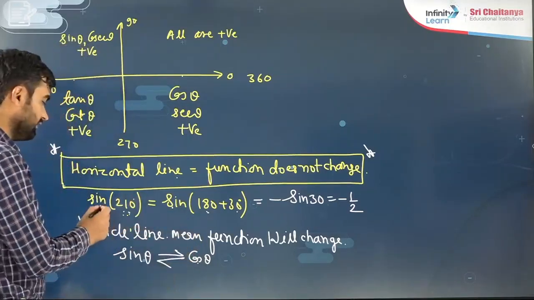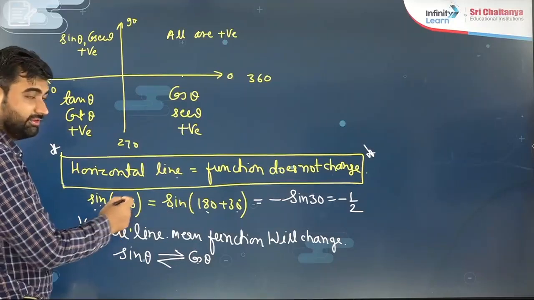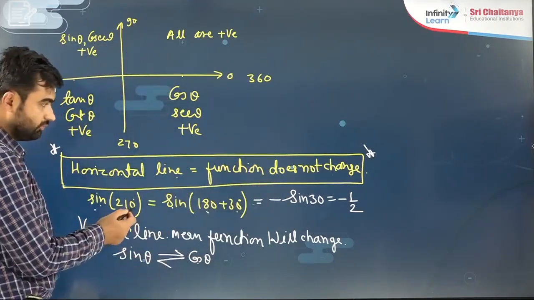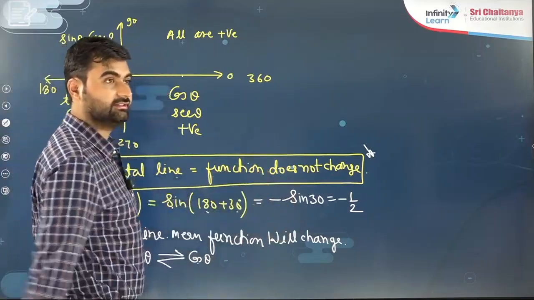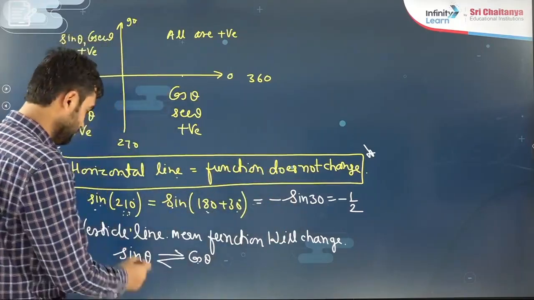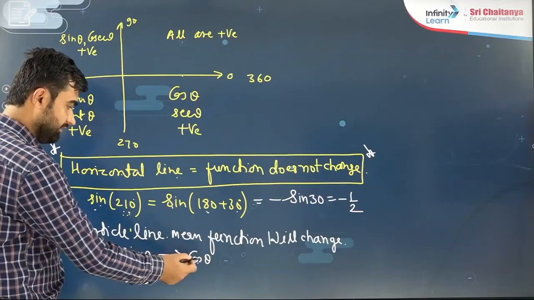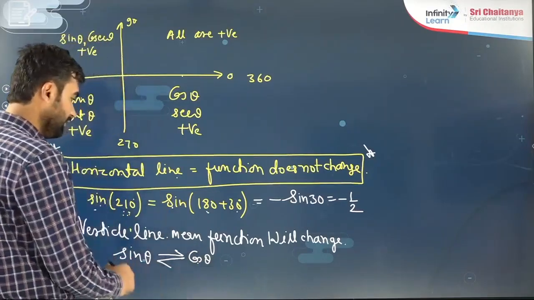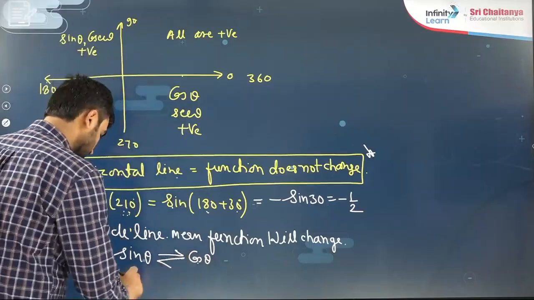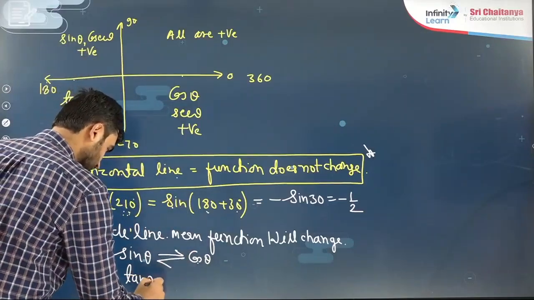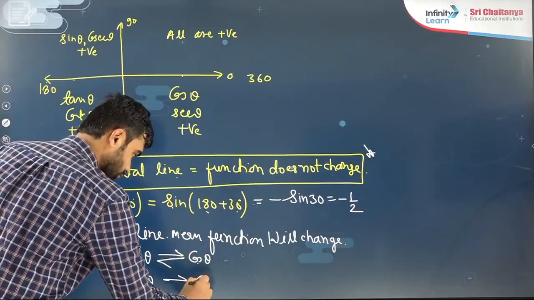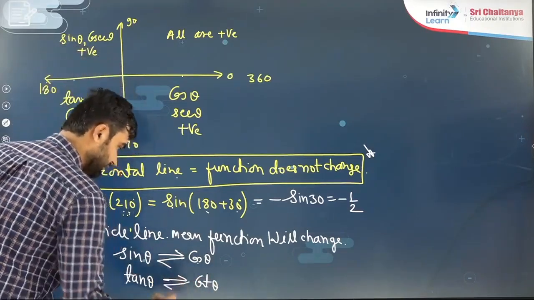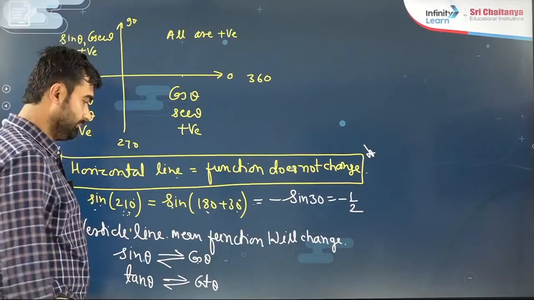Okay. Suppose here sin 210, then this sin theta will change into cos theta. If here cos 210, then cos theta will change into sin theta. Understood? So if we use the vertical line, then sin theta will change into cos theta and cos theta into sin theta. Tan theta will change into cot theta, and cot theta will change into tan theta. Understood?